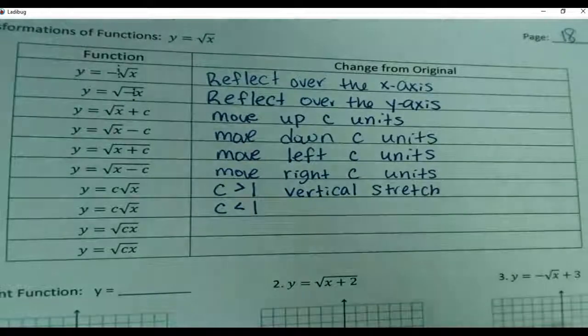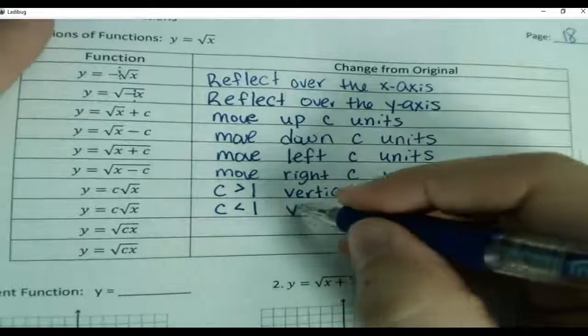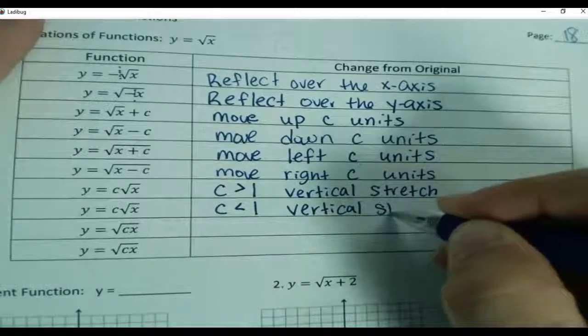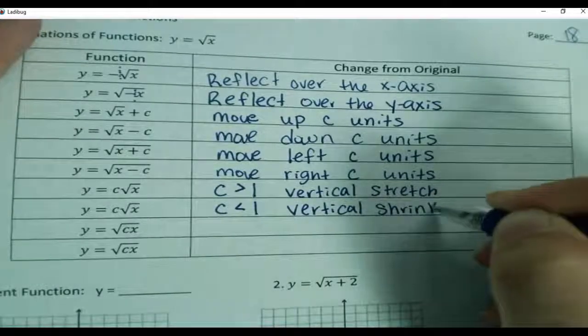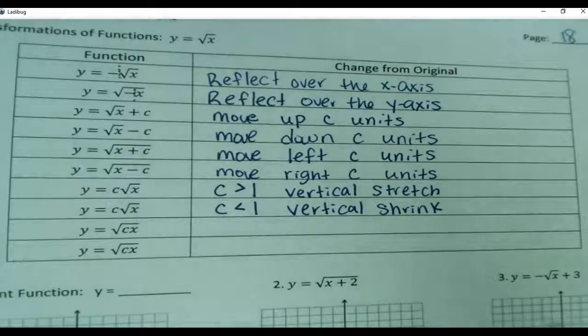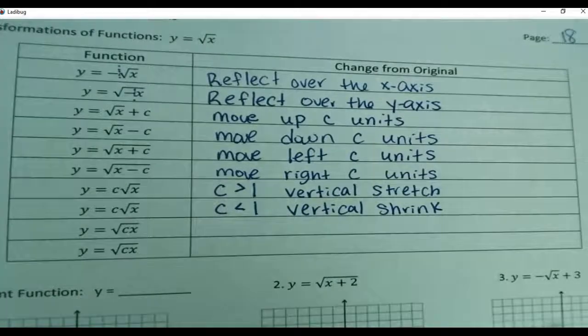So it squishes that graph down. Okay. So greater than 1, it's stretching it, so it's growing faster. Less than 1, it's shrinking it, so it's growing slower.